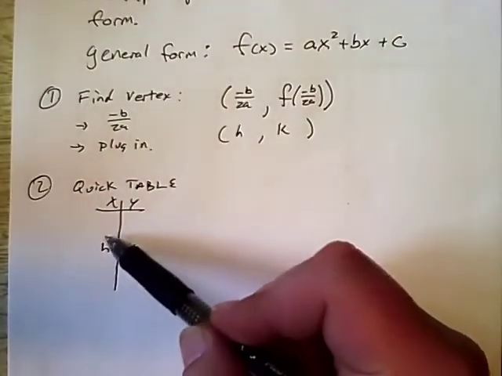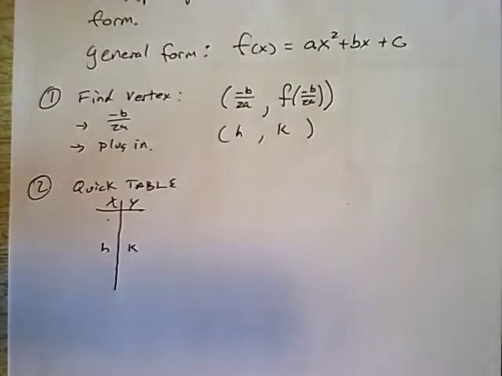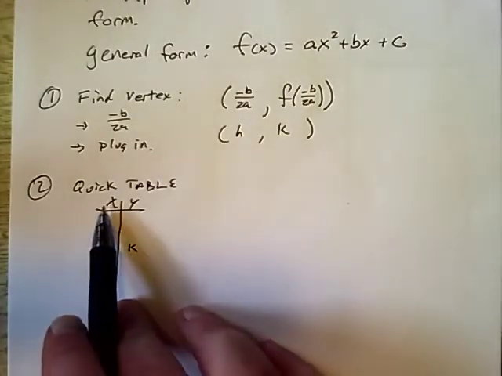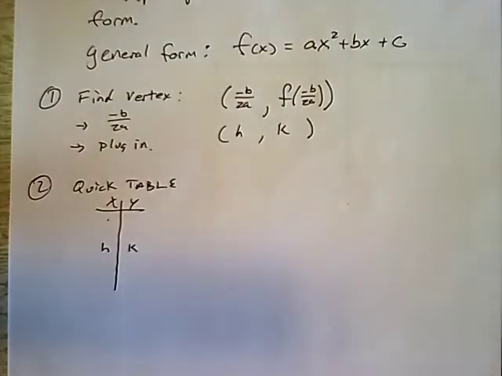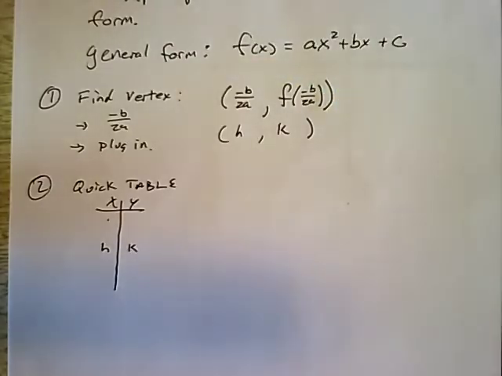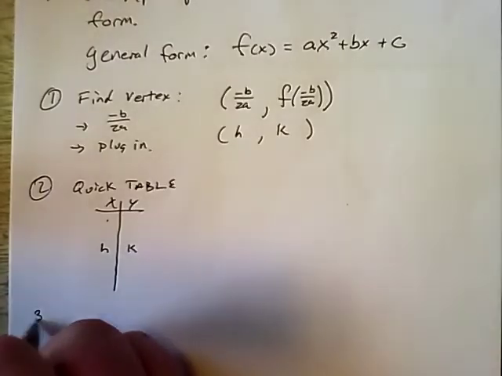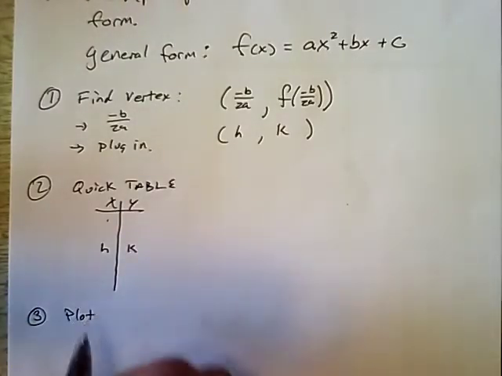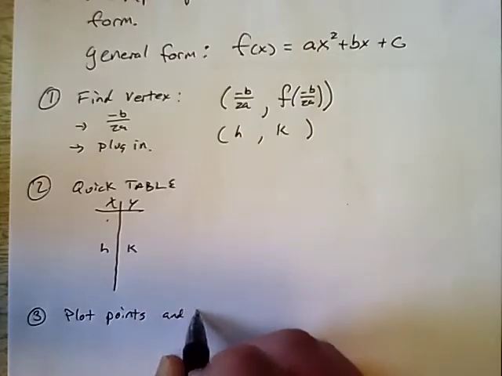Then we're going to go two numbers to the left of the vertex and two numbers to the right of the vertex, and plug those into the function. Whatever we get back out is going to be the y value, right? X goes in, y comes out. After that, we get to plot points and draw the graph.